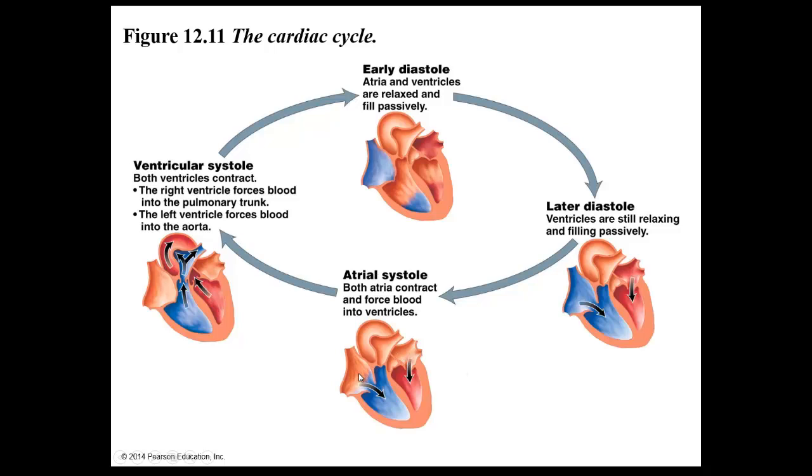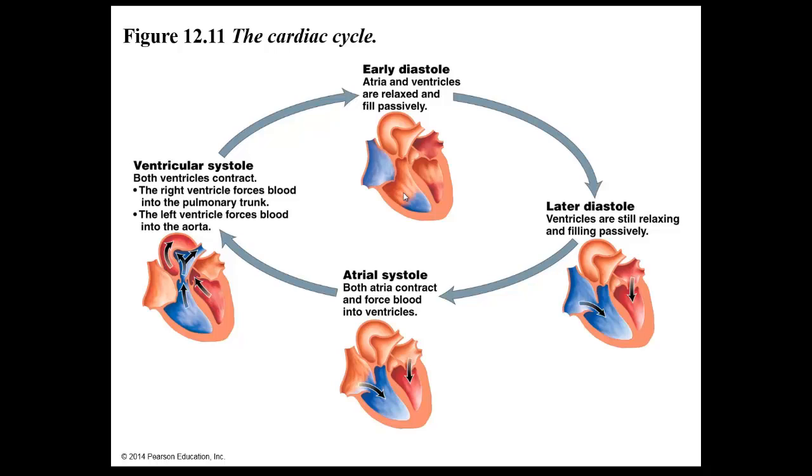So we see this continuous cycle occurring in the heart to move blood. The first part is diastole, where the atria and ventricles are both relaxed and blood is returning to the heart from the lungs and the body passively. There's nothing actively pushing that blood in the heart via contraction of the atria or ventricles.